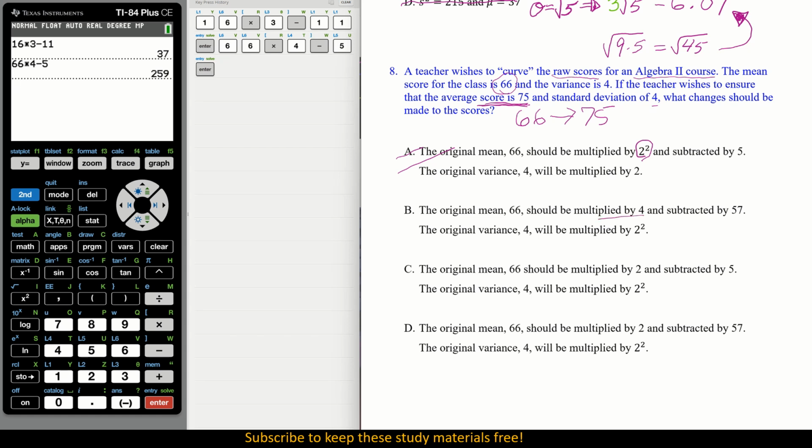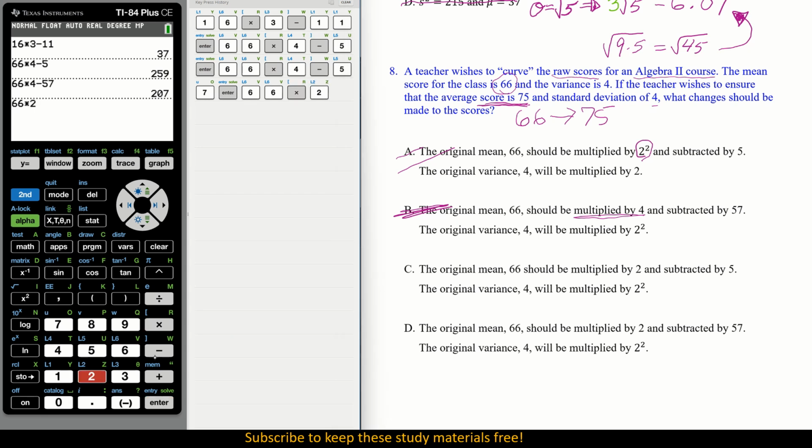It's a little different. They say multiply by 4 and then subtract 57. Let's try that. 66 times 4, subtract 57. That's not going to work. I don't like that. Let's try the next one. Multiply by 2, subtract 5. 66 times 2 minus 5.